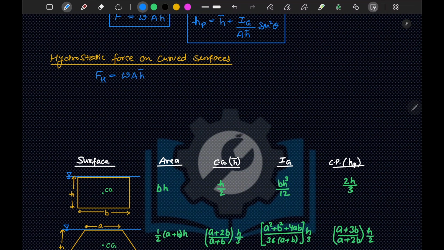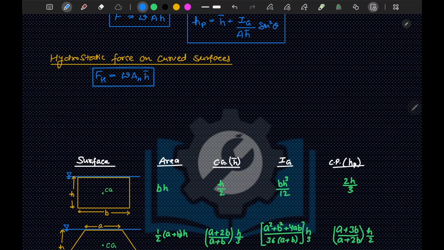Same as we have done till now, and this AH is basically your horizontal projection in the vertical plane. So AH h bar, this is your horizontal force.